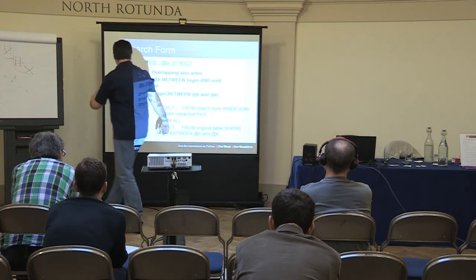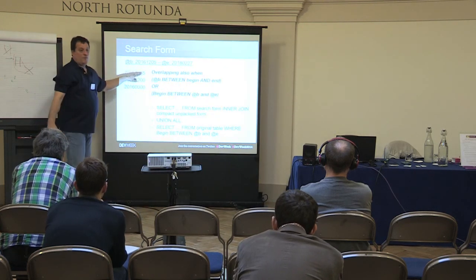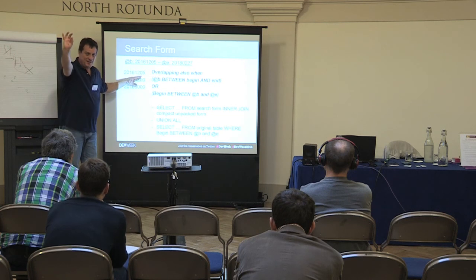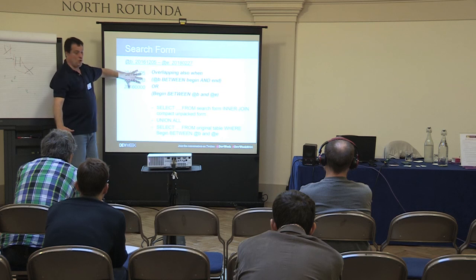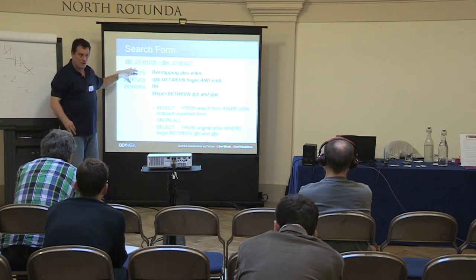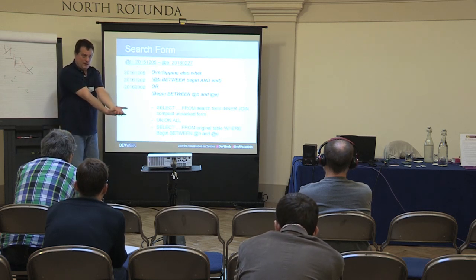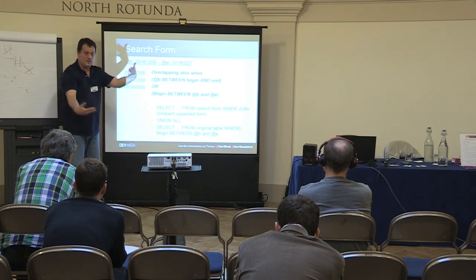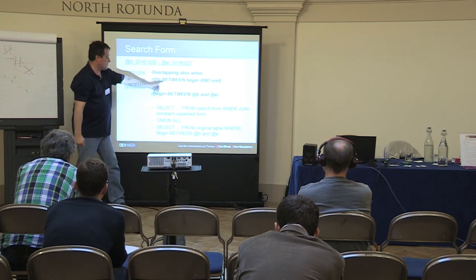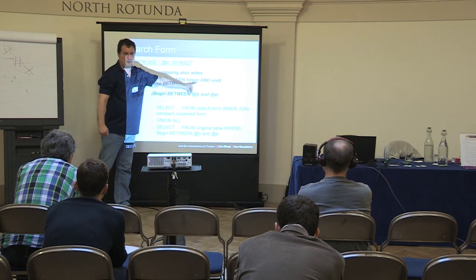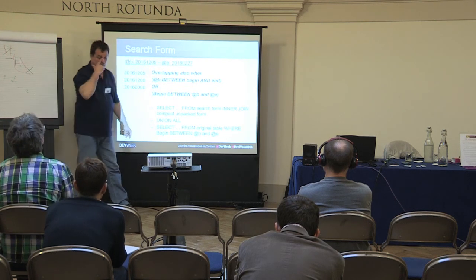When I'm joining it, I can find either the exact day, or maybe the full month is covered, or maybe the full year is covered. So I simply join this search form, which can be created on the fly, with the unpacked form, and I have this condition fulfilled in a very efficient way.